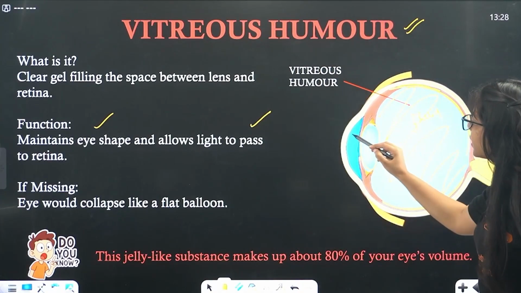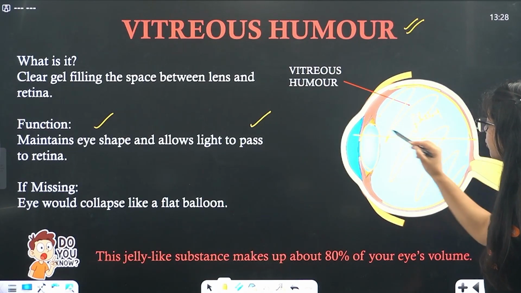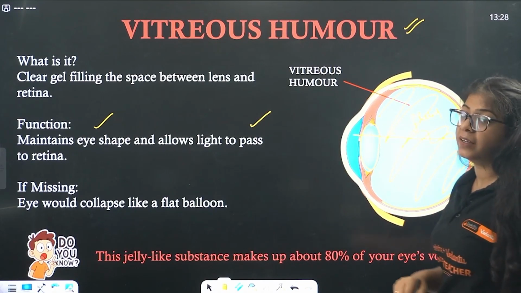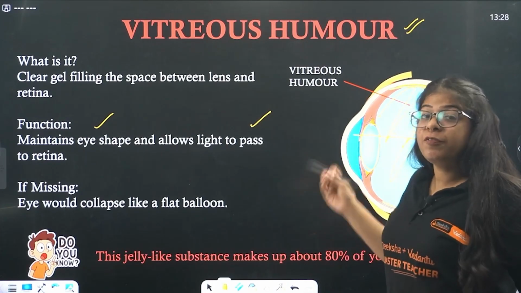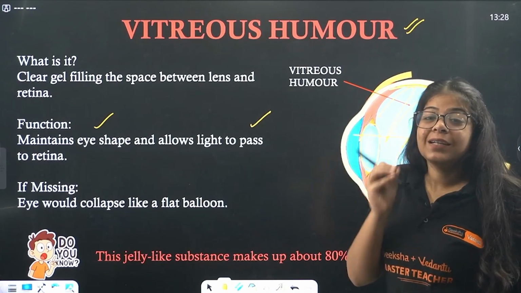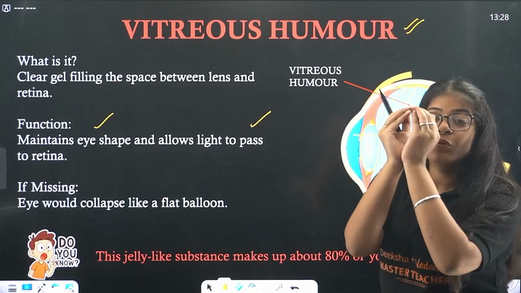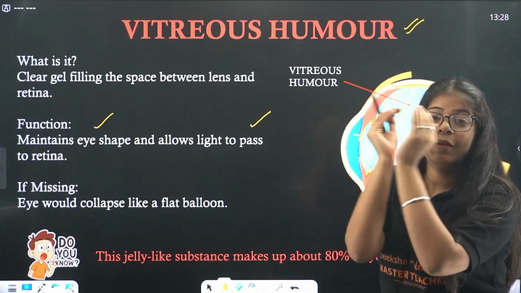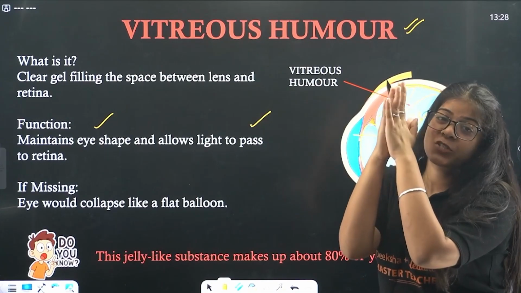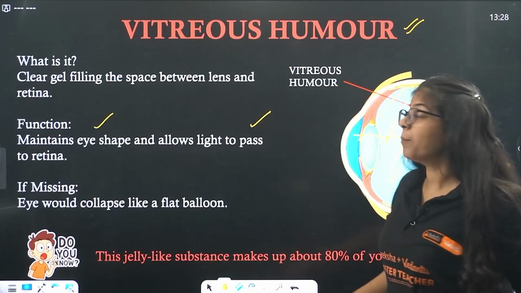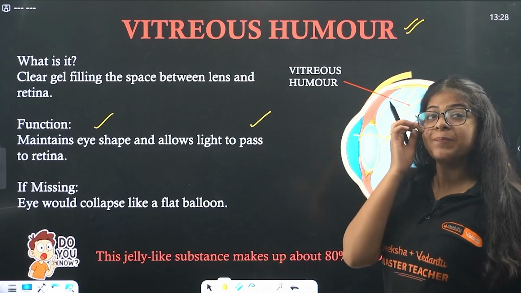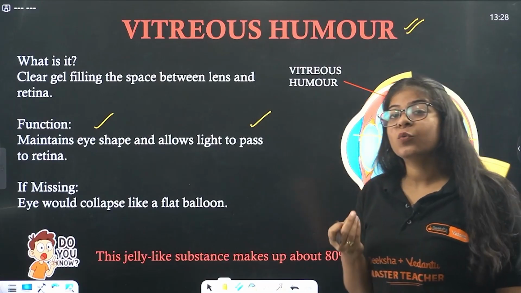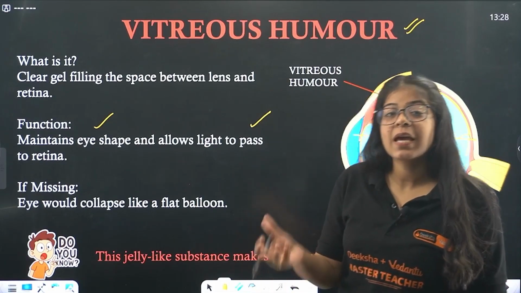After the light has passed through the lens, it has to pass through all this fluid and reach the retina, which it helps in. Okay, if it is not there, the eye would literally collapse like a flat balloon. So that's what happens if vitreous humor is not there. See beta, vitreous humor is liquid, and most liquid is incompressible.